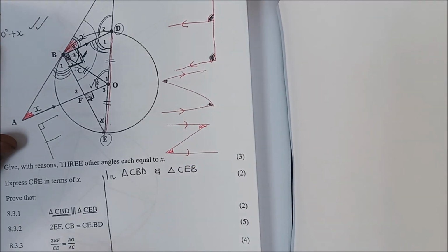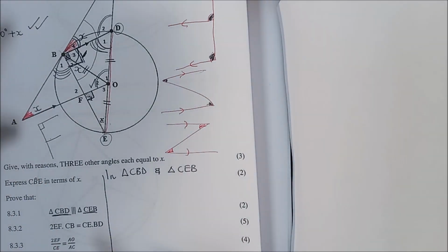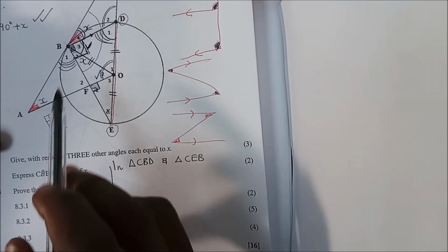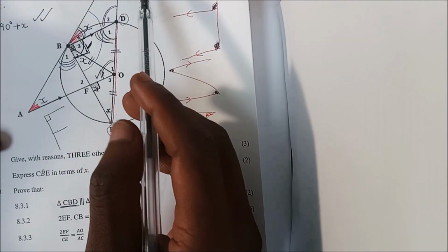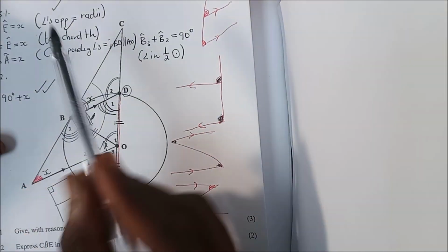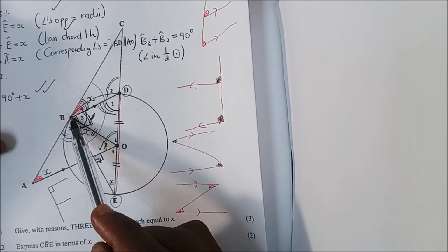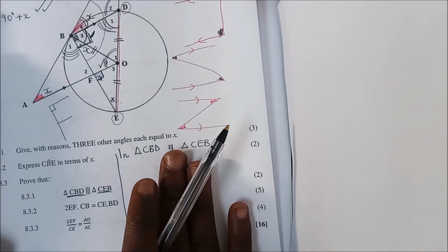And I want you to look at this part. What you do is you look at the triangles. We're going to draw triangle CBE on the side. So let's go and look at CBE. So this is CBD. So this is C, and then this is B, and that's D. So I want us to draw that triangle on the side.